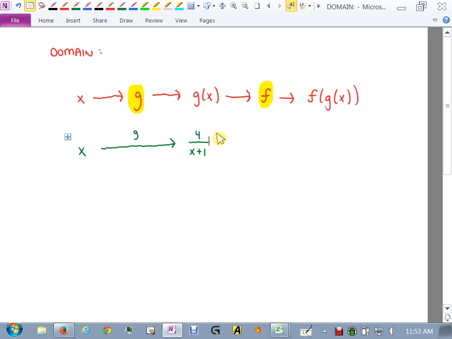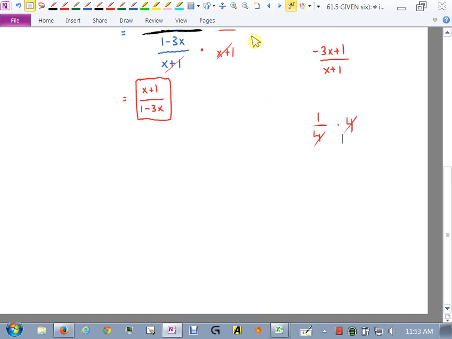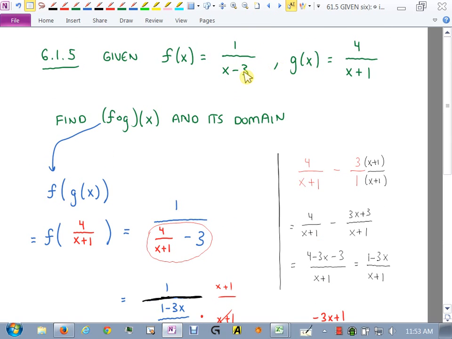Now, think, all right? Whatever this answer is, it cannot screw up f, right? F needs to be able to eat this and spit it out, right? What can f not handle? So go back up here. F could not handle 3, right?